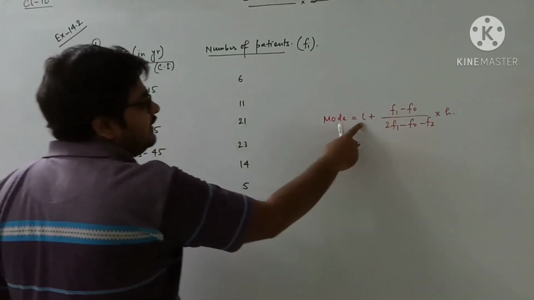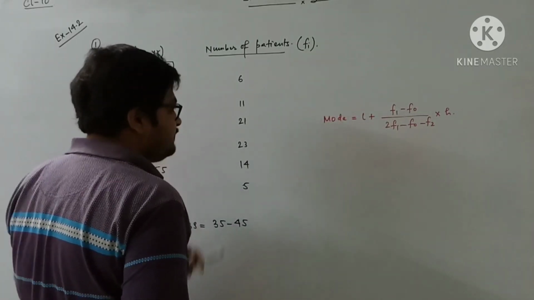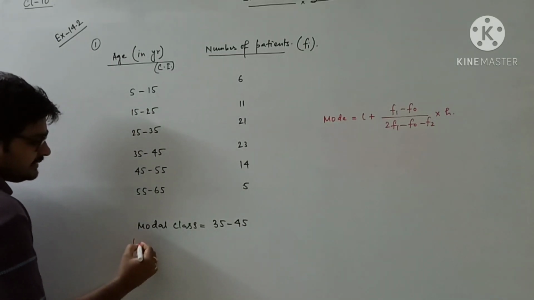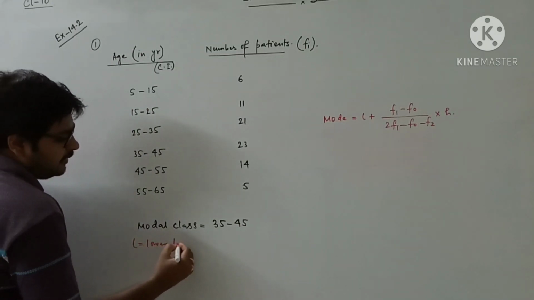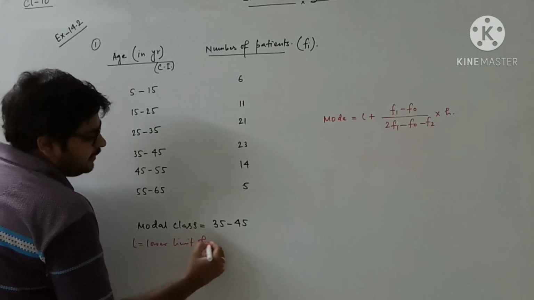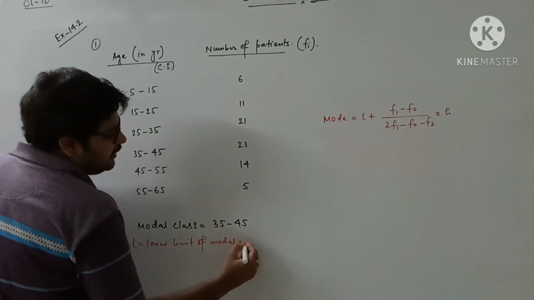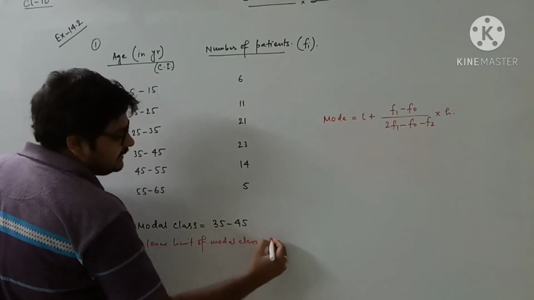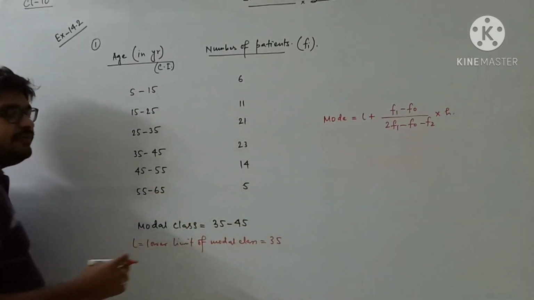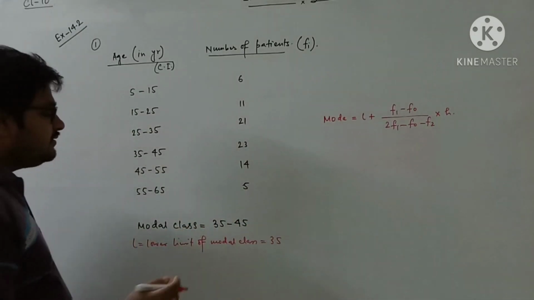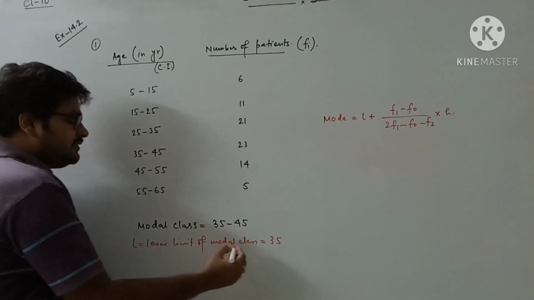L is the lower limit of the modal class. So what is L? 35. How we chose the modal class, I already told. So the modal class lower limit is 35, and this is actually L.